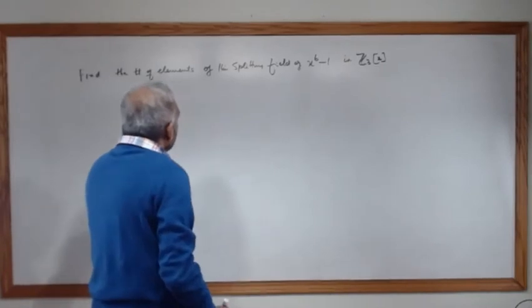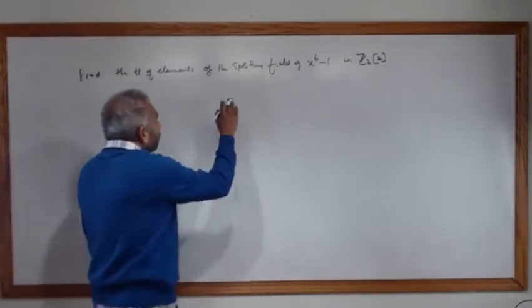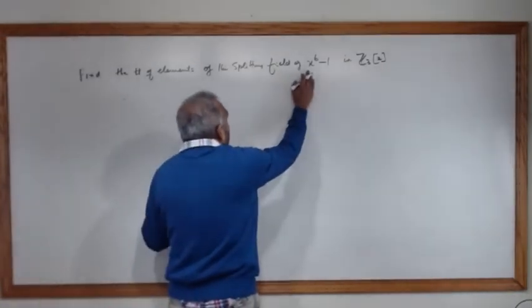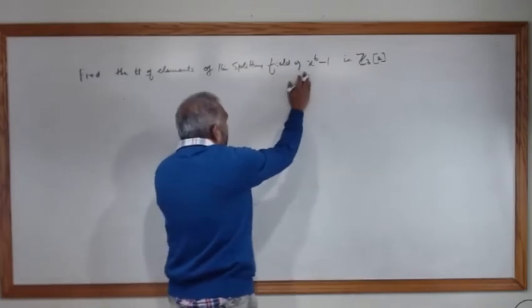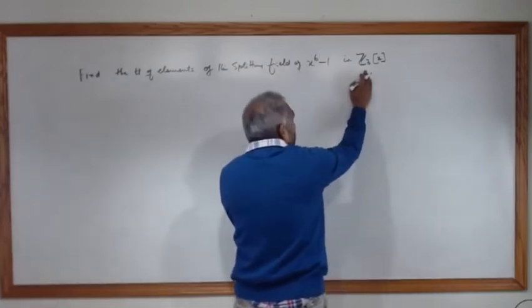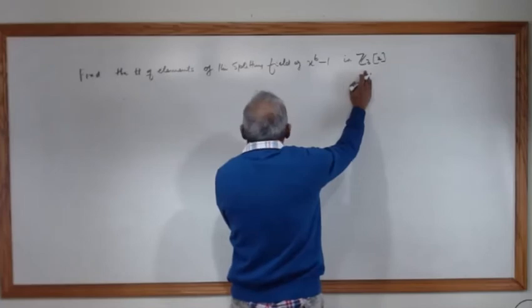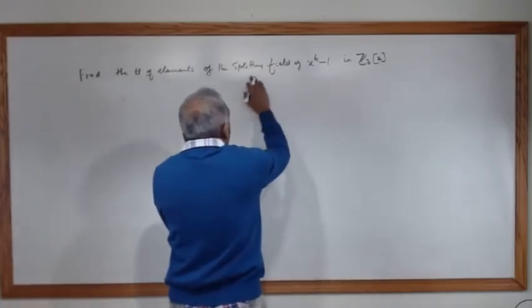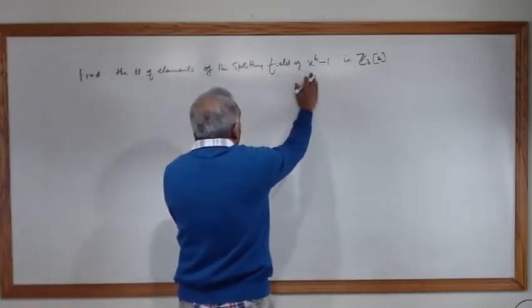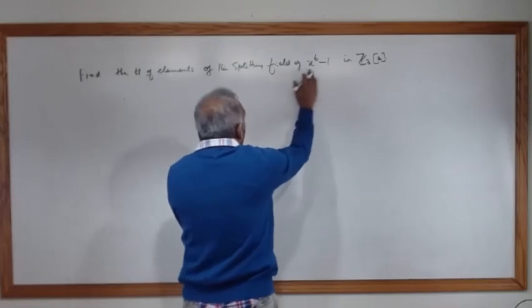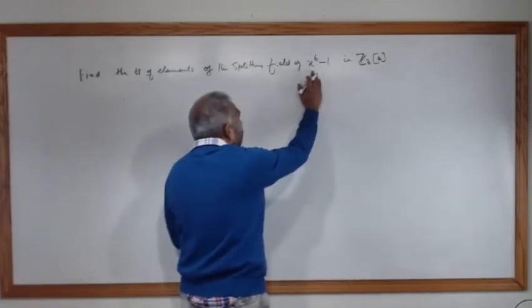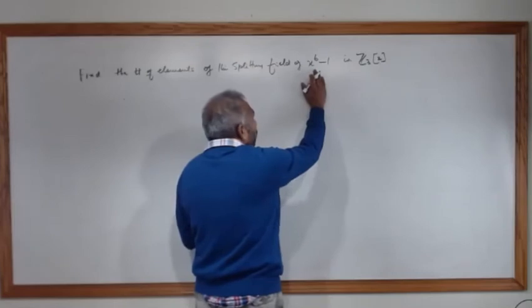What is the definition of the splitting field of this? It is the smallest extension of Z3 that contains all the zeros of x to the power of 6 minus 1.